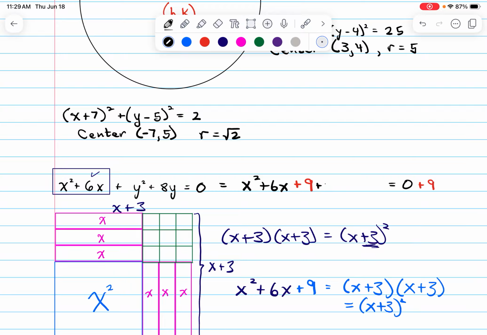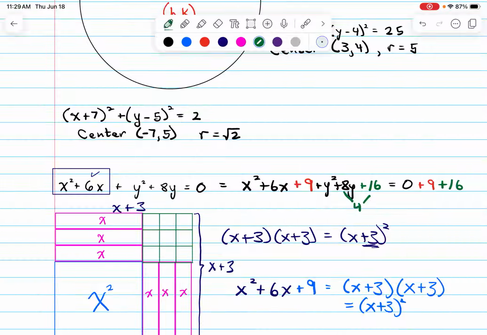Now I've got a plus y squared plus 8y. Okay, I need to add something there. I think what I'll add there is half of the 8 squared. Yeah. See? So what I'm doing is I'm taking half of the y term, squaring it, and now what I've got is a new way to look at the circle.